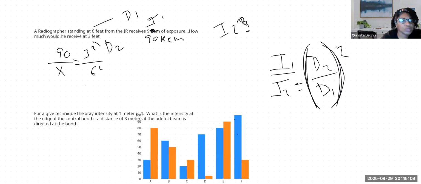Disregard that bar chart. I don't know why that came there.